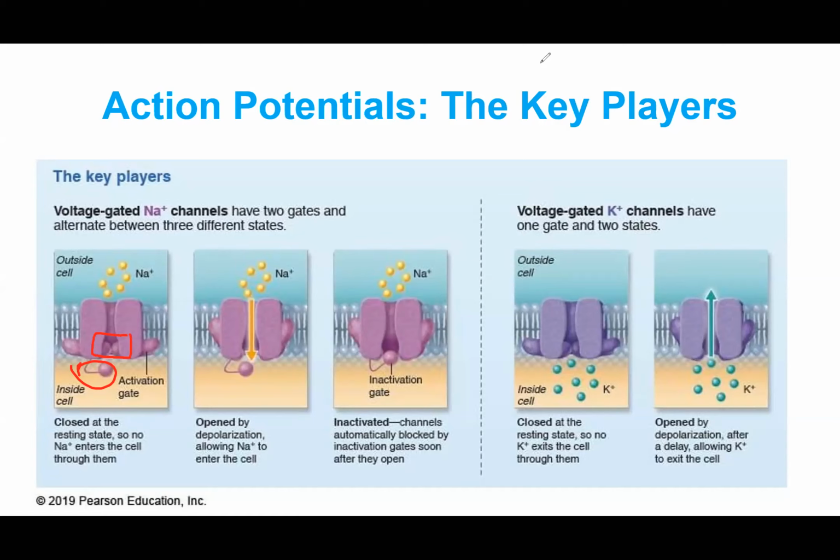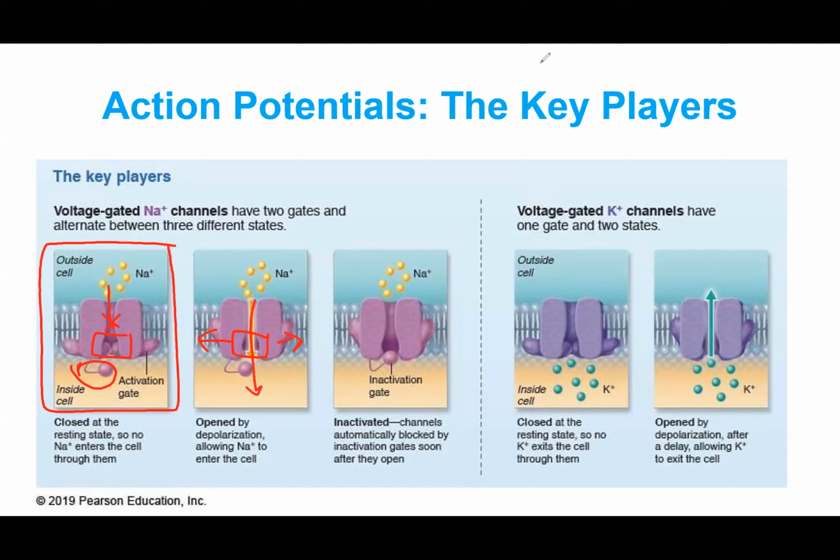At rest, the gate is closed, okay? So no sodium can enter the cell. During depolarization, this gate that used to be present here is now open. Sodium can now enter.